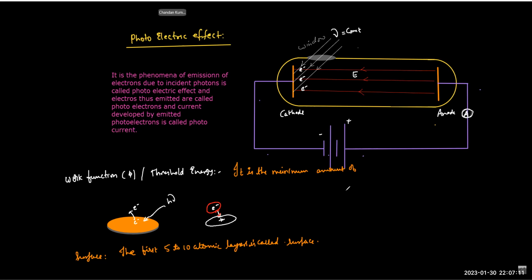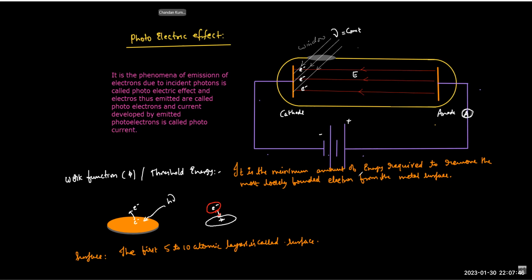Okay. So it is the minimum amount of energy required to remove the most loosely bounded electron from the metal surface.